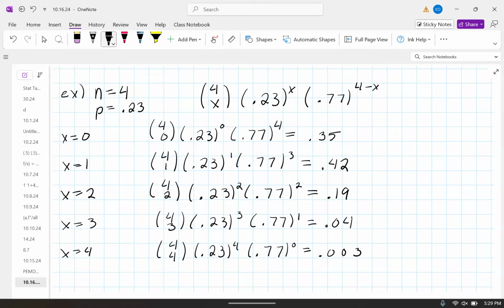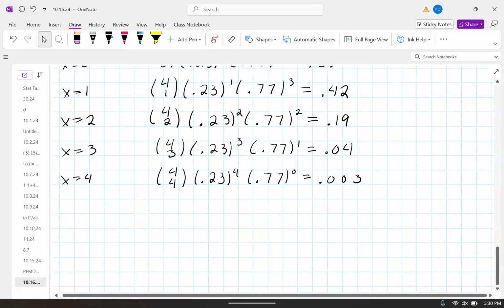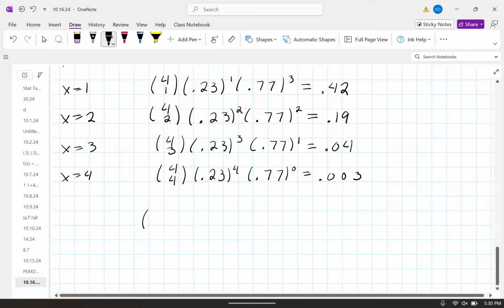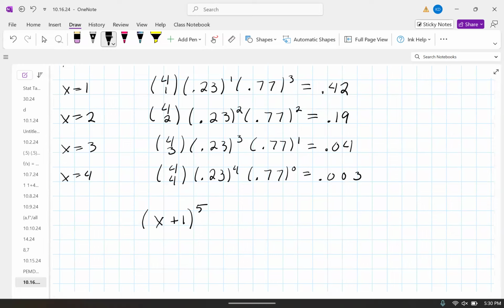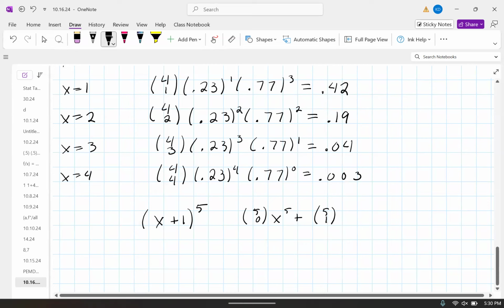So it's long. If you're curious where the name comes from, I feel like I should give it to you. If we take a binomial, so 2 terms, and we multiply it by itself so many times, we're going to get 5 choose 0 times x to the 5th plus 5 choose 1 x to the 4th plus, actually I'm doing that backwards, aren't I?